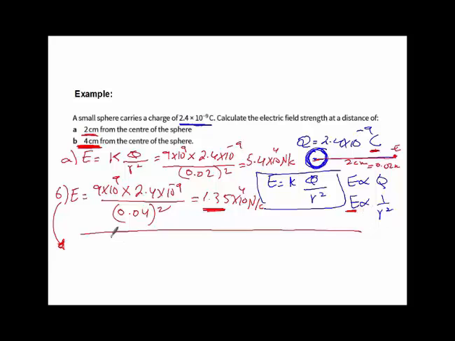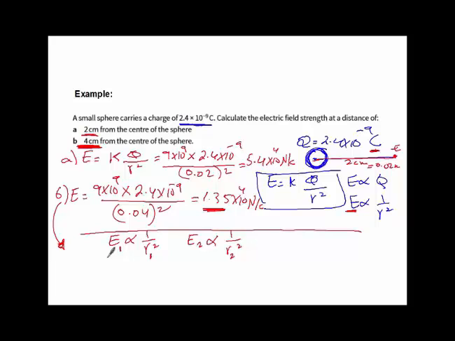Here, E is proportional to 1 over R squared. So if we have our E1 and this is our R1, Q is constant. E2 again will be proportional to 1 over R2 squared. The distance was changing, so we get E2 instead of E1.